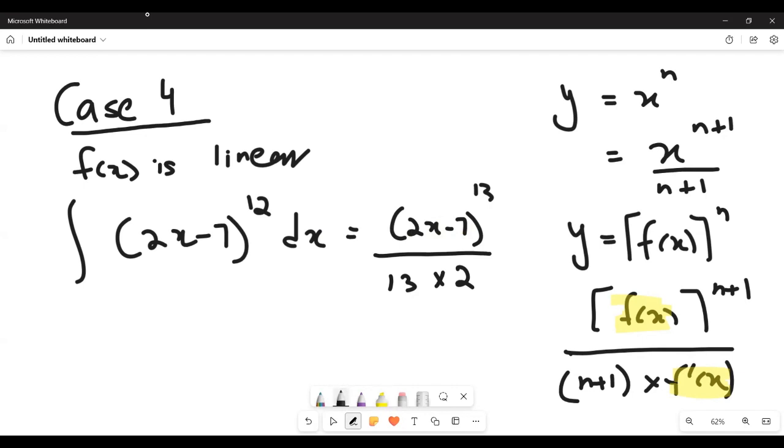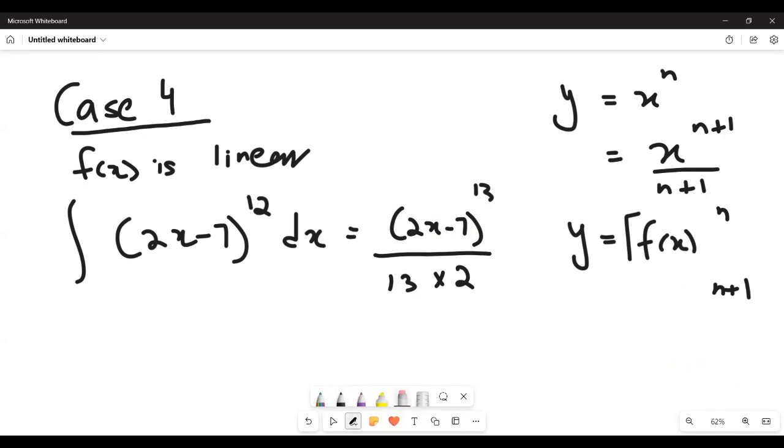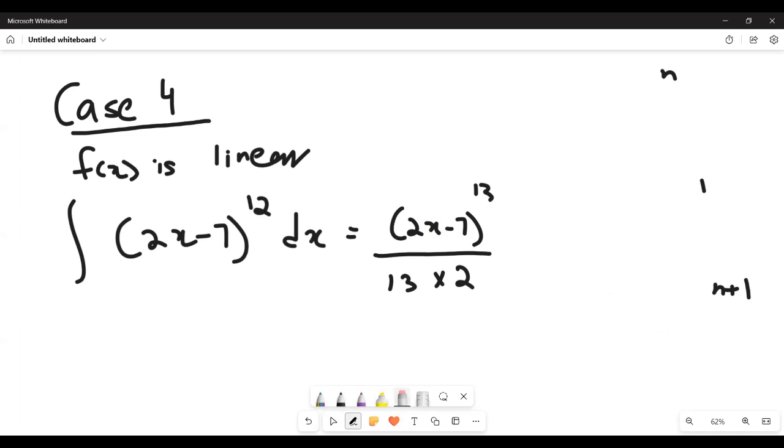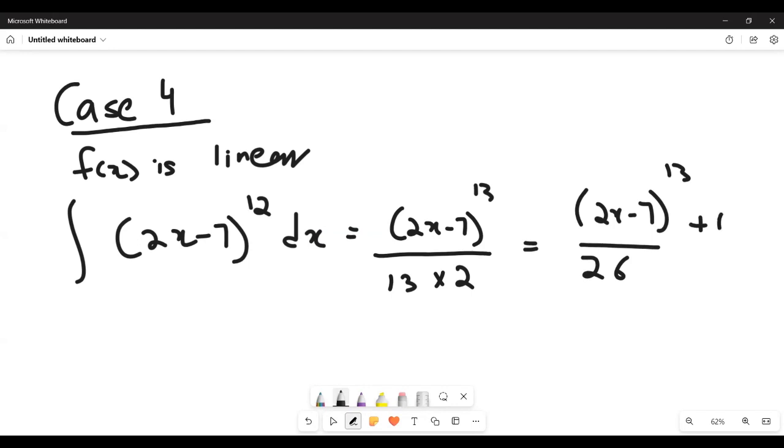So that's going to be 26 in the denominator, and a plus c here.